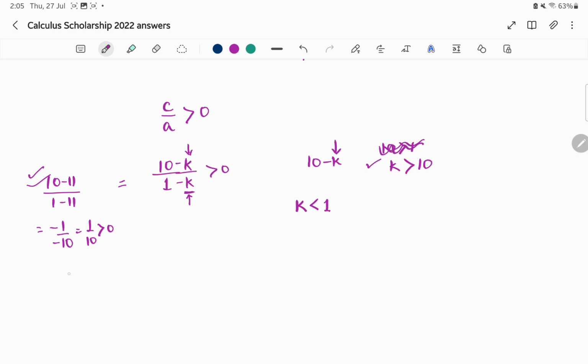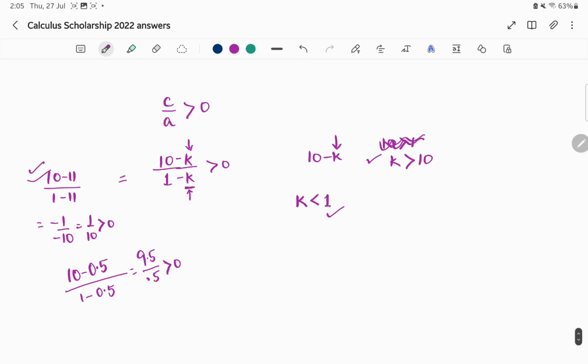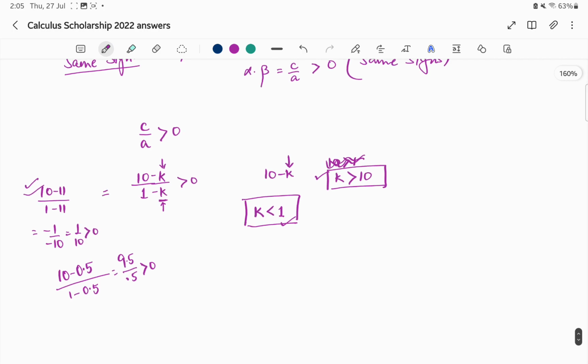So let's try with 0.5. So 10 minus 0.5 over 1 minus 0.5 is going to be 9.5 over 0.5. It's again positive. It's again greater than 0, right? So the two other conditions are k greater than 10 and k less than 1, and this is going to give us a positive value always, right? So these are another two limits that we have got from here.